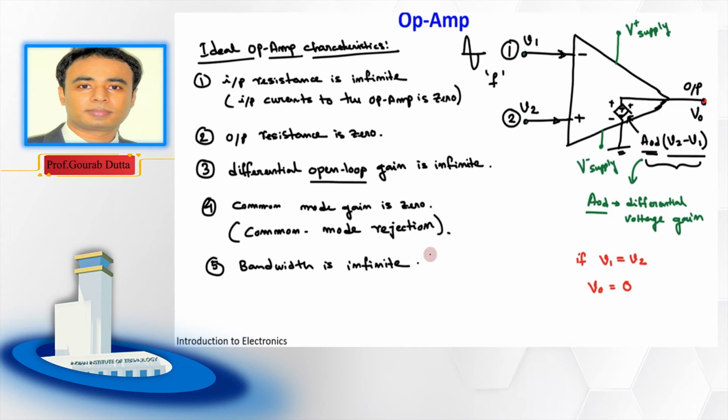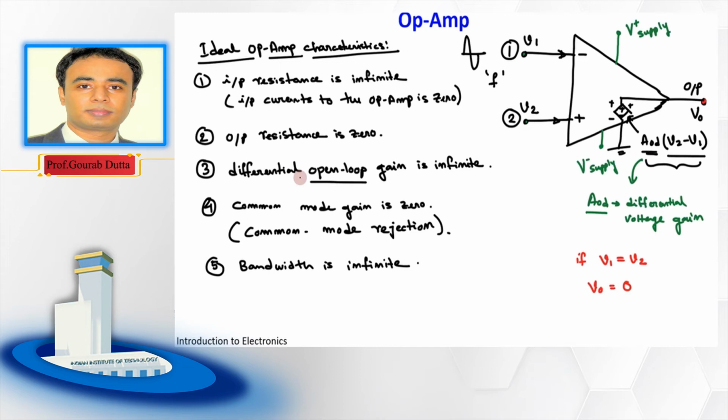Fine. So I hope from this point it is clear to you what should be the characteristics of this ideal op-amp. All these properties are quite important in terms of analyzing and designing a circuit using op-amp.